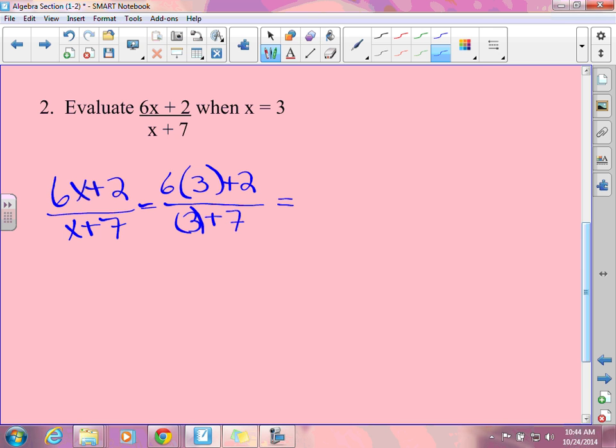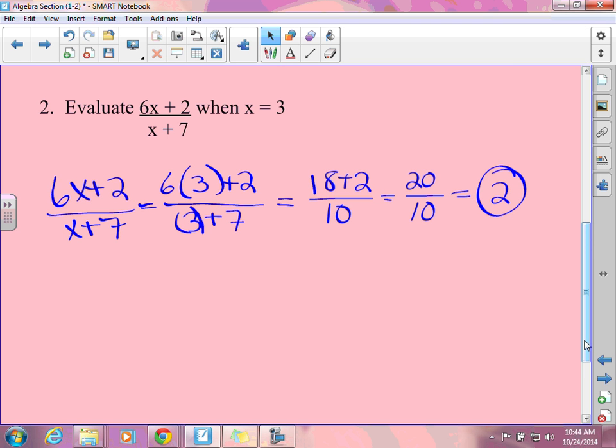Now, one student asked me earlier today, can I put 2 over 1? You can, but it's not in simplest form. Simplest form is just 2. You don't need it over 1. Questions on this? What happened to that 6? Wait, never mind. Sorry. Yeah, 6 times 3. Good question.